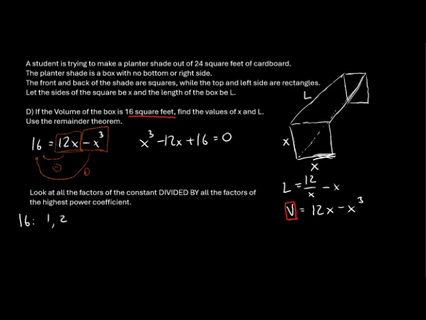Since 16 is even, 2 could. 4 also could. And 8 could as well. And of course, it's divisible by itself, that's 16. The leading coefficient on x to the third is only 1, and the only thing that divides 1 evenly is 1 itself. Therefore, our possible rational solutions will be 1, 2, 4, 8, and 16.